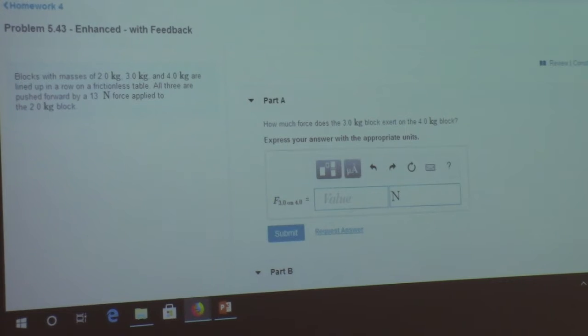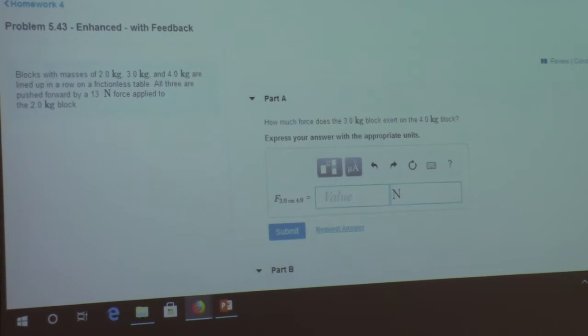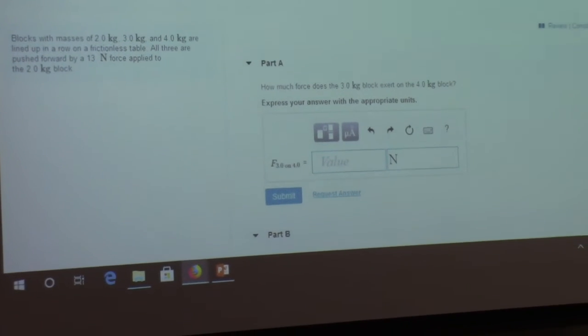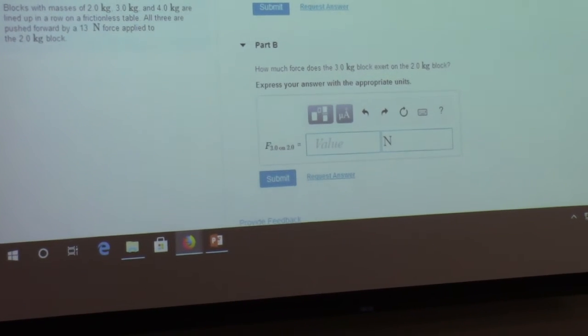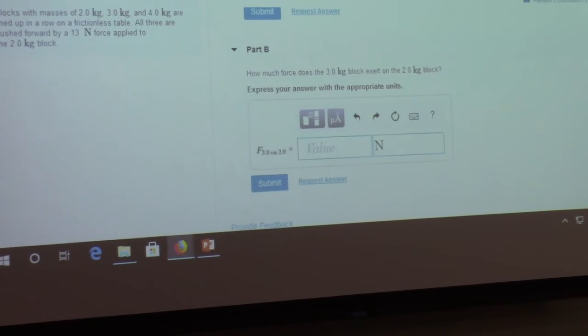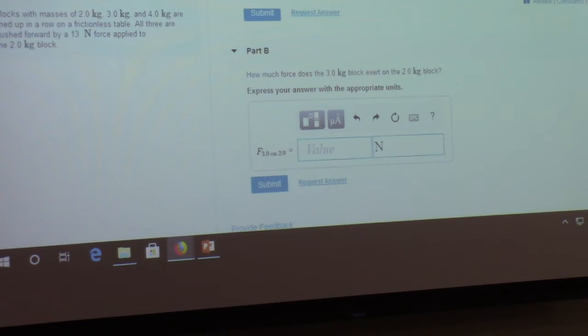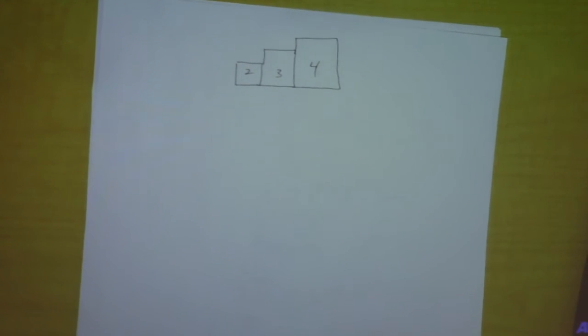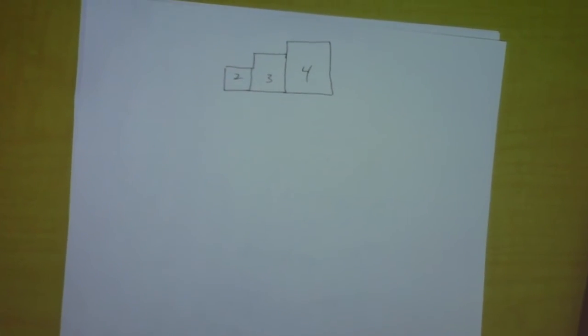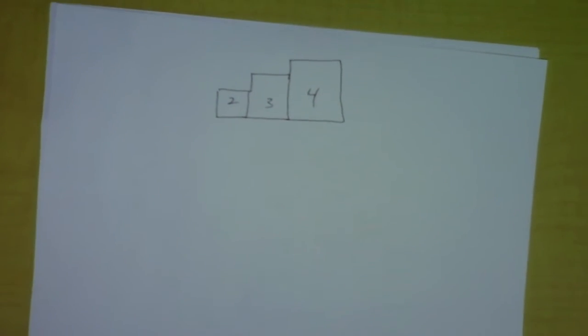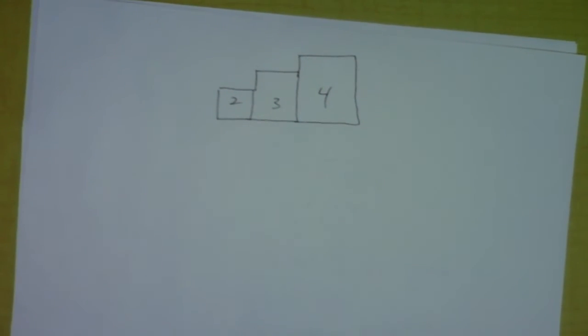If I got that part right, it was the second part. So let's draw the picture real quick. So the first part was how much force does the 3 exert on the 4?